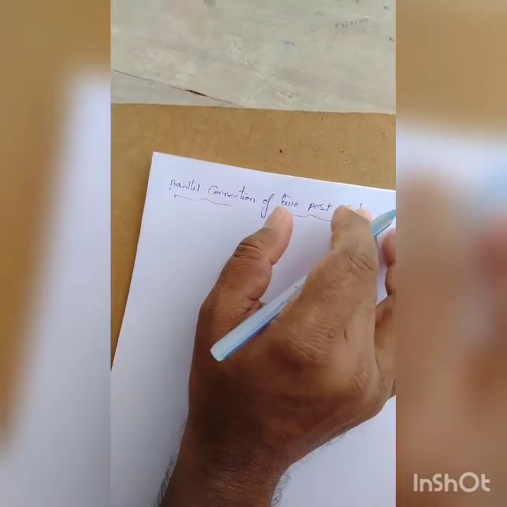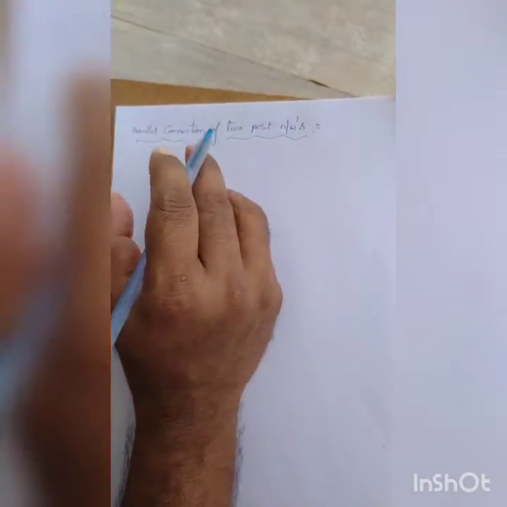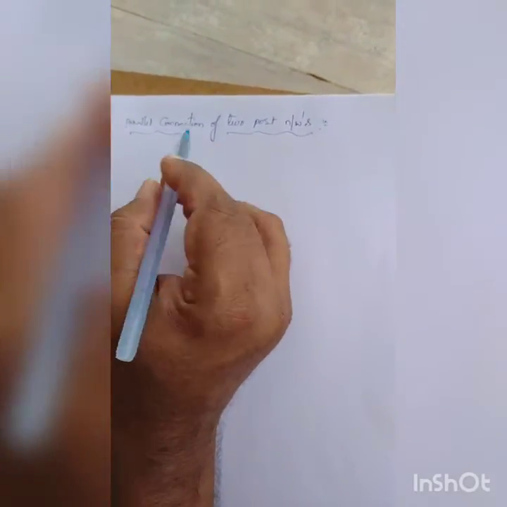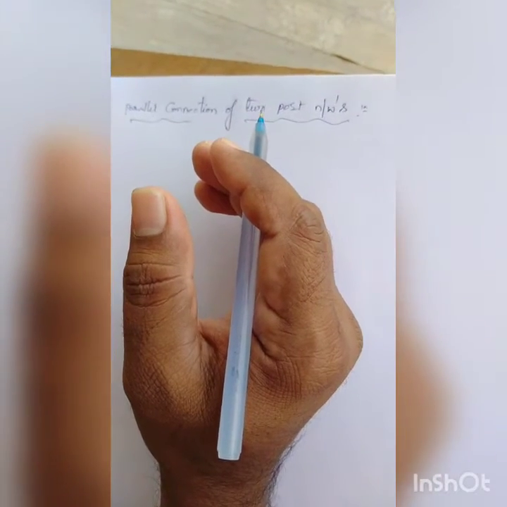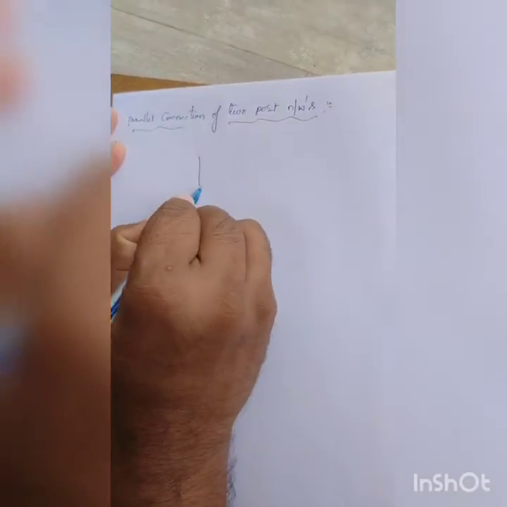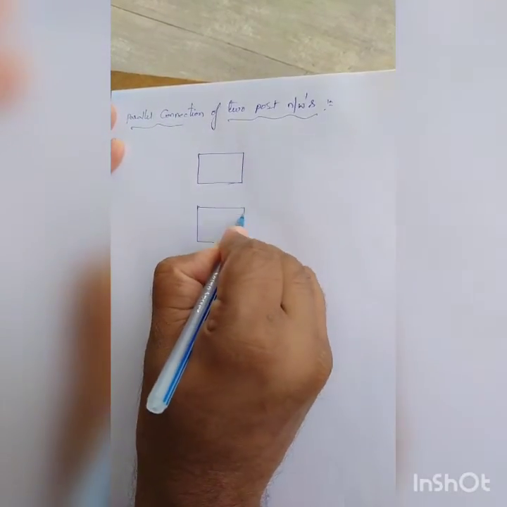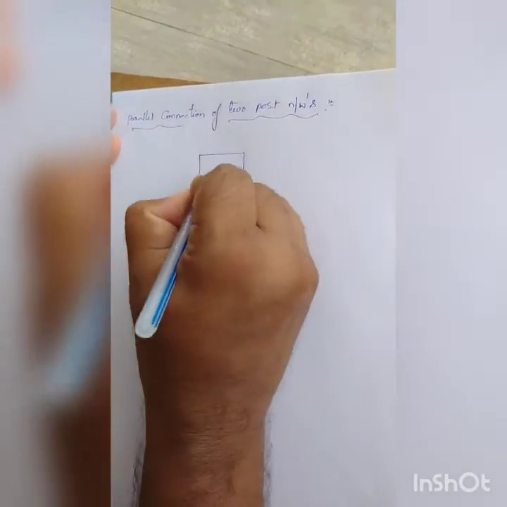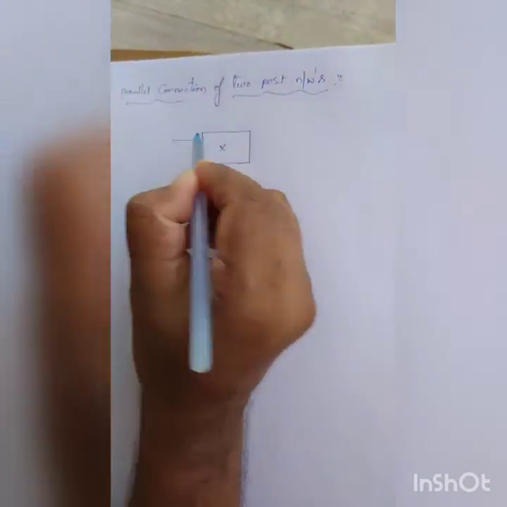In this parallel connection of two port networks, let us consider two ports connected in parallel. Why? Because the input and output of these two are connected equally. These two ports are one x component and another y component.